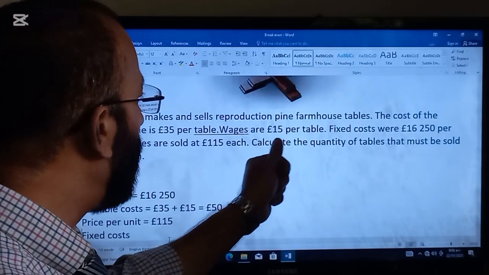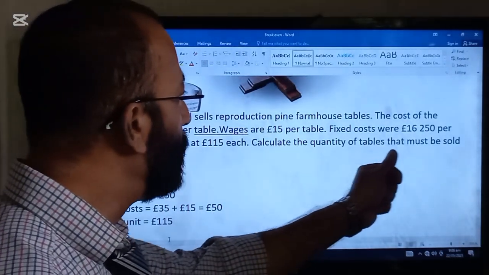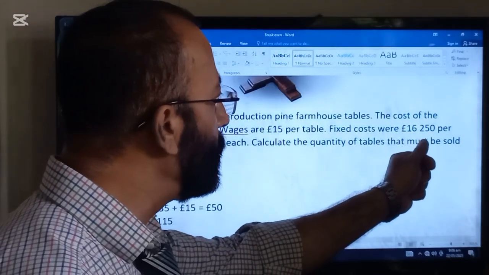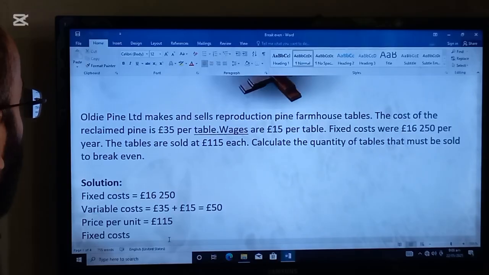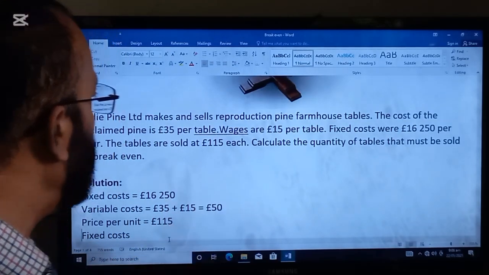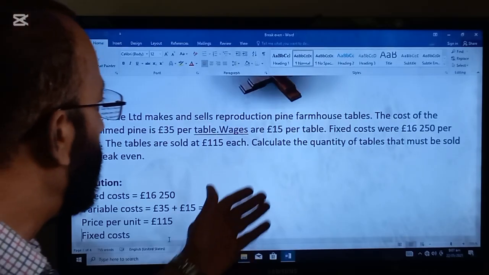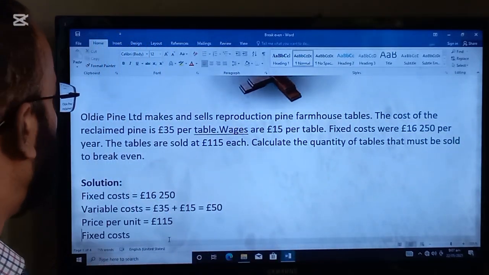Wages are £15 per table. Fixed costs were £16,250 per year. The tables are sold at £115 each. Calculate the quantity of tables that must be sold to break even.